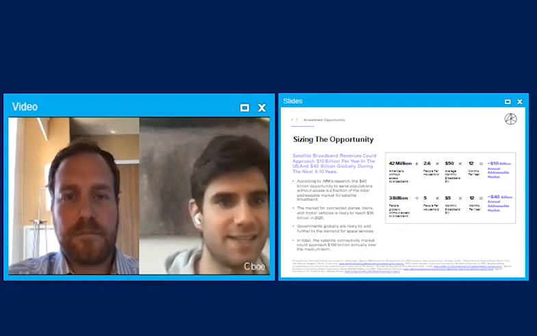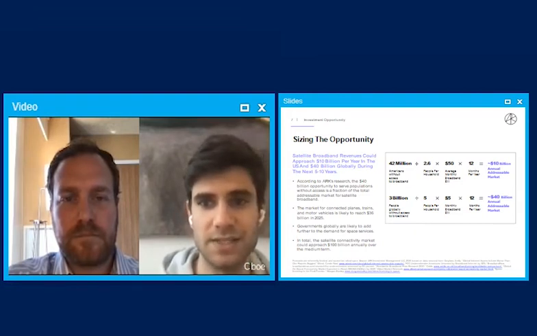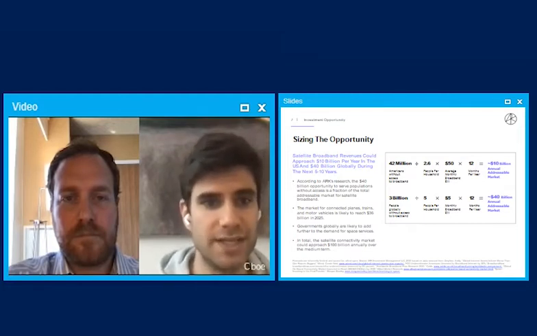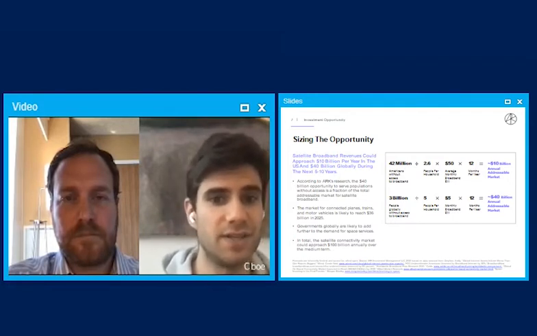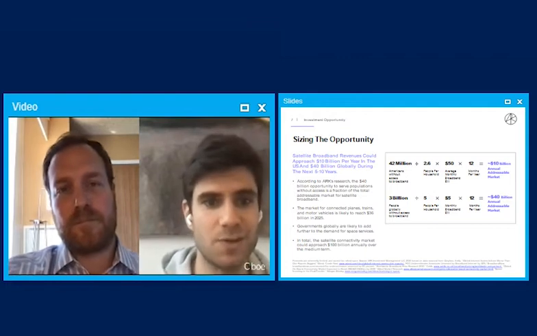So FBI, CIA, DEA, all of them, and that's just the US. And then you have every country around the world looking for similar exposure. So, all in, we think it would be fairly conservative to say that over the medium term, this could be a $100 billion annual addressable market, which is pretty significant.